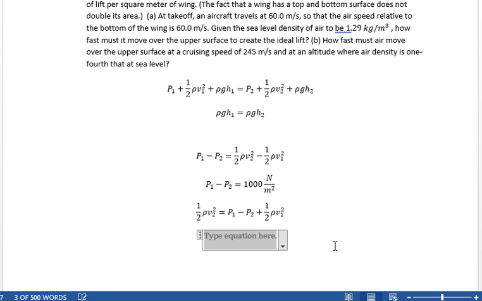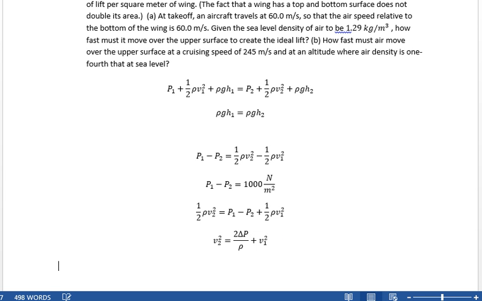And that's going to give us V2 squared is 2 delta P over rho plus V1 squared.